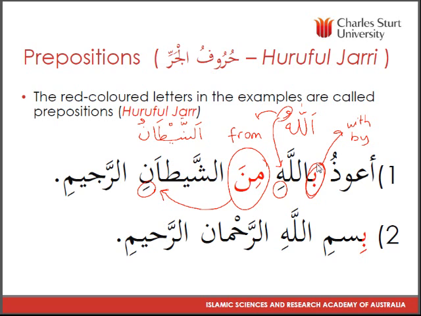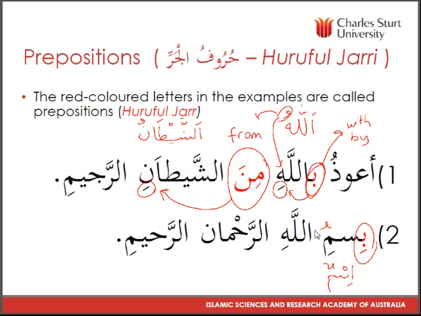So this B is harful jar and it has changed the word to majrur case, from damme to kesra. Min also changed damme to kesra. Here again, normally it is ismun. The normal case is ismun.